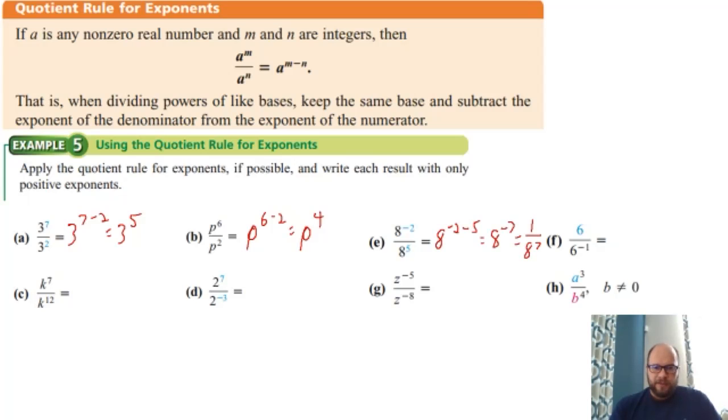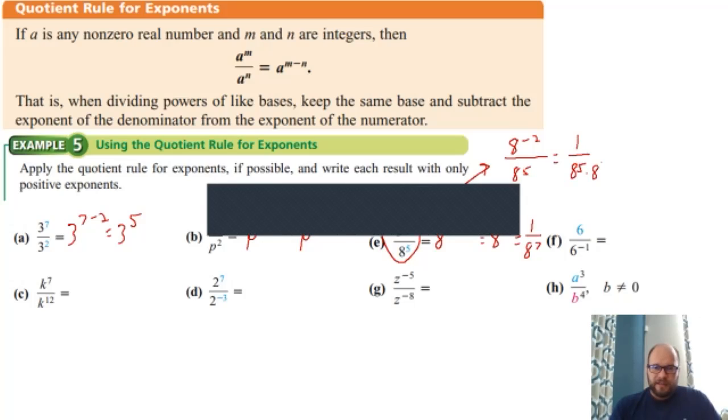Now, I'm going to redo this problem one more time up here. So we could choose to get rid of the negative part first. So I had this as the original problem. If I wanted to move this piece first using the old rule, I'd have 1 left on top. This value would no longer be here. And I'd have 8 to the 5th times 8 to the 2nd, because I'm bringing this down to the bottom.